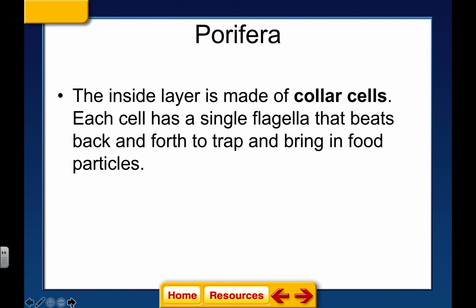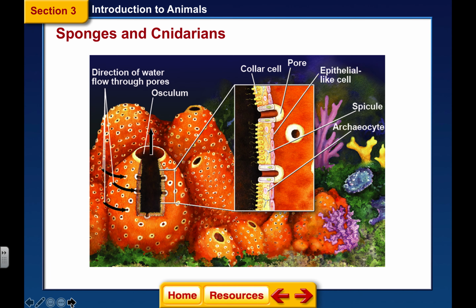So it's not for movement. The flagellum is not for the actual movement of the sponge, but for movement of the water to make a current in case the water is still, and that's going to bring the food particles in where they can get it digested.